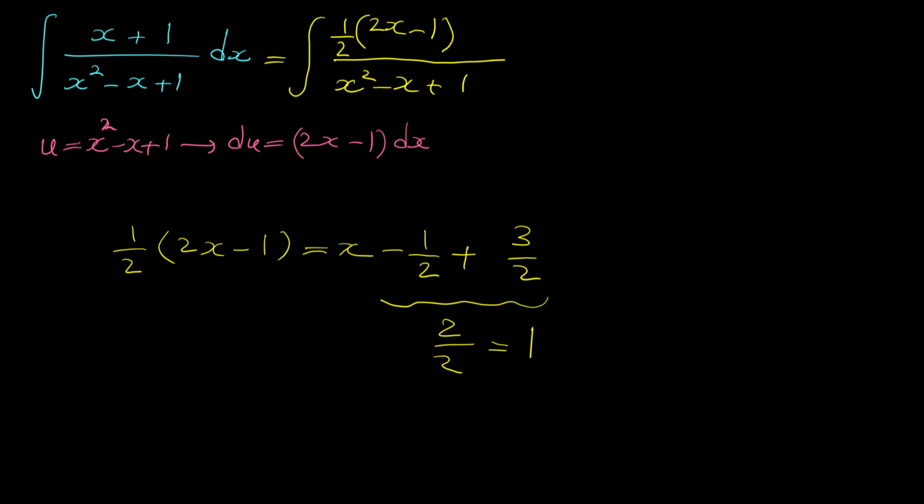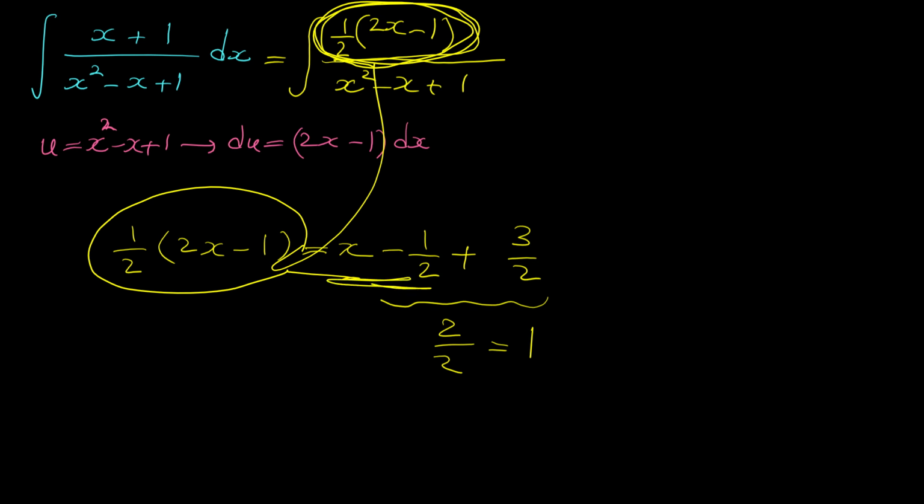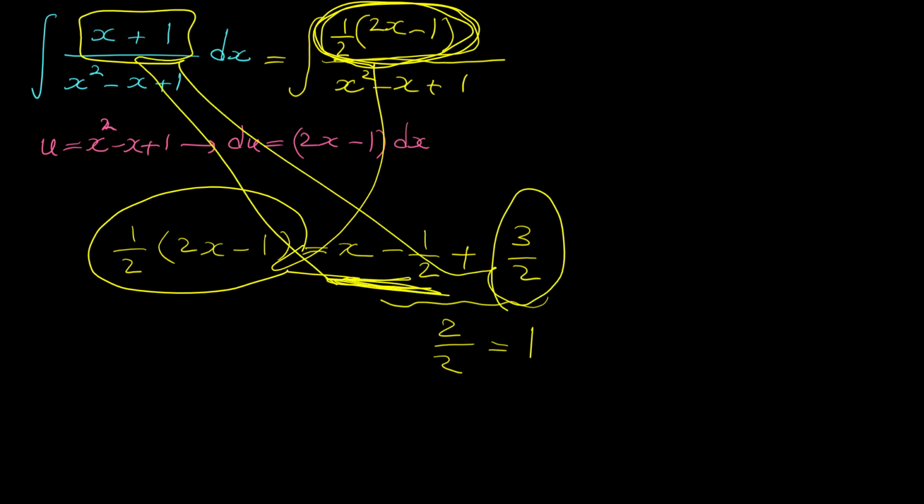But by doing this, we have a problem with the number. 1/2 times 2x minus 1, which we have right now, is exactly x minus 1/2. But we had x plus 1, so we have to add a 3 over 2 to the numerator.